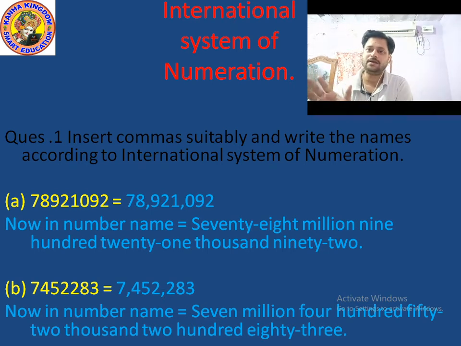So the exact answer of this question is 7,452,283. Clear? Understand? In this question, 2 more parts are in the activity. Both parts are in your activity. Okay?